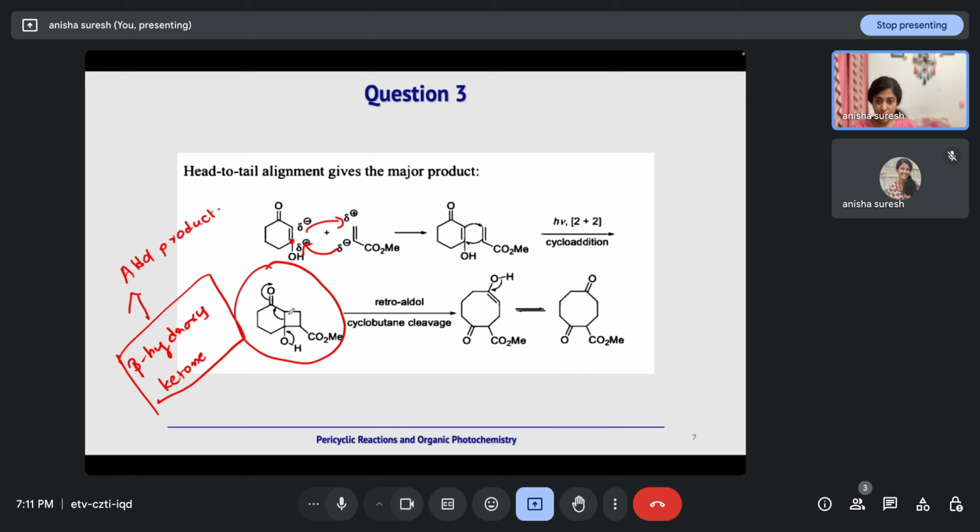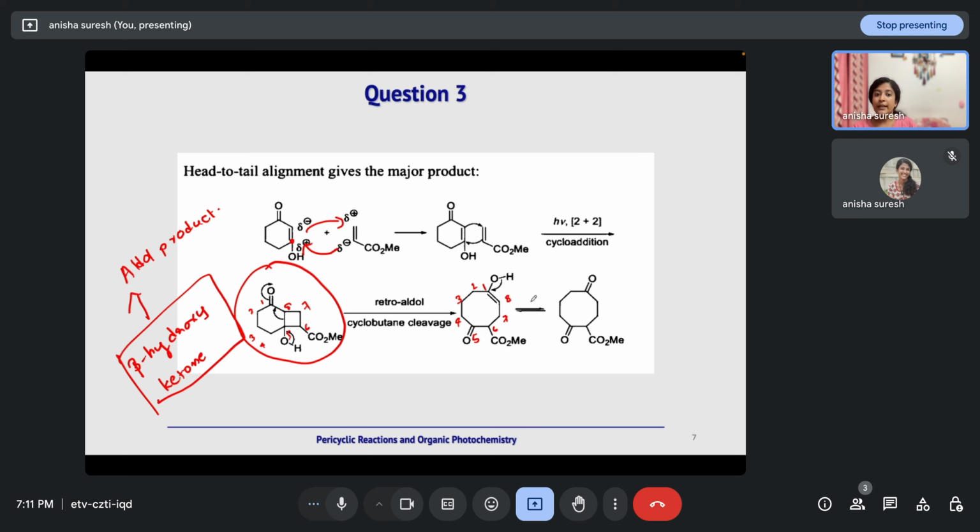So the six-membered ring will be breaking, and it will be converting into an 8-membered ring, as you can see here. Numbering 1, 2, 3, 4, 5, 6, 7, 8: a double bond will be formed between 1 and 8, and a ketone will be at the 5 carbon, and the ester at the 6 carbon. So this is the product that will be formed after retroaldol.